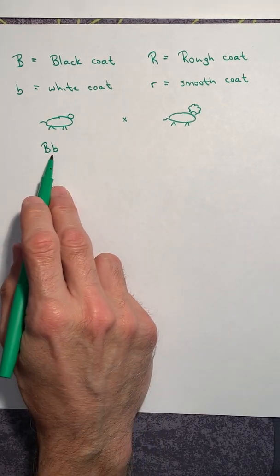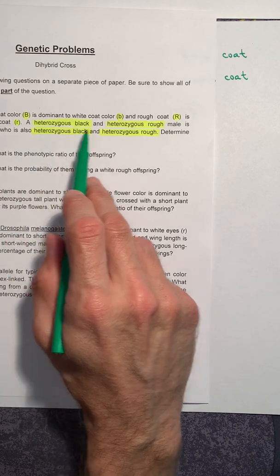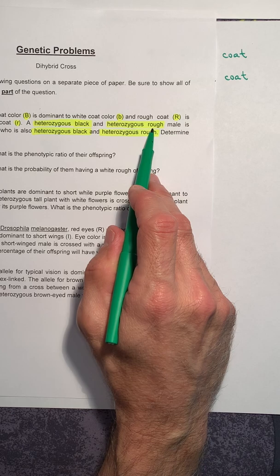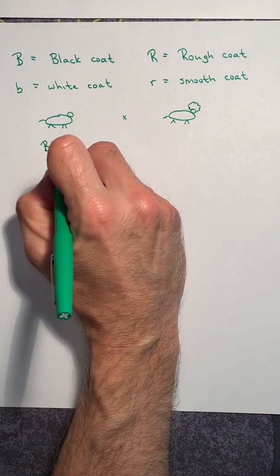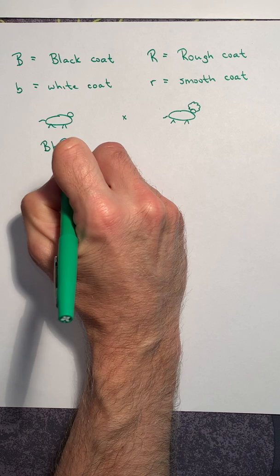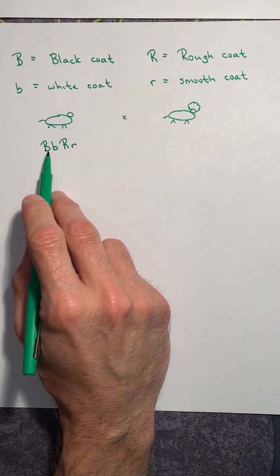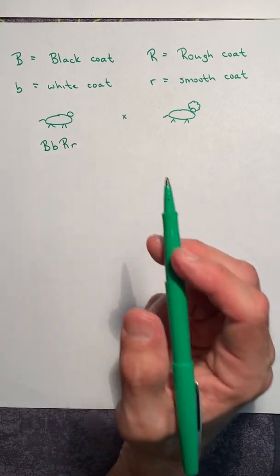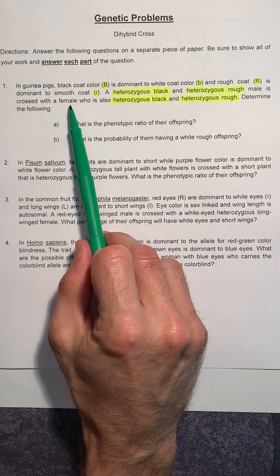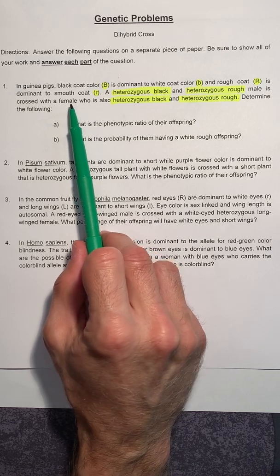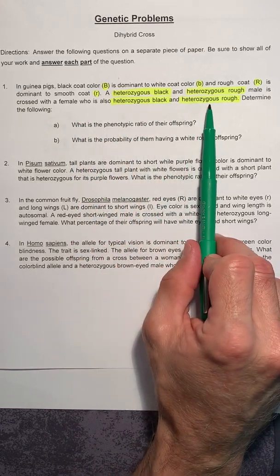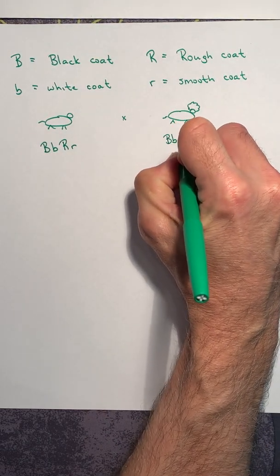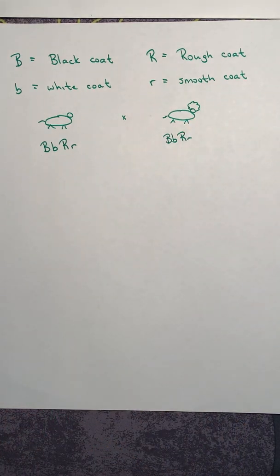Then the problem tells us that he is heterozygous rough for his coat texture, how it feels. Well, if he's heterozygous rough, he is big R, little r. And there's your male. And then it says this male is crossed with a female, and the female has the same genotype. She is also heterozygous black and heterozygous rough.